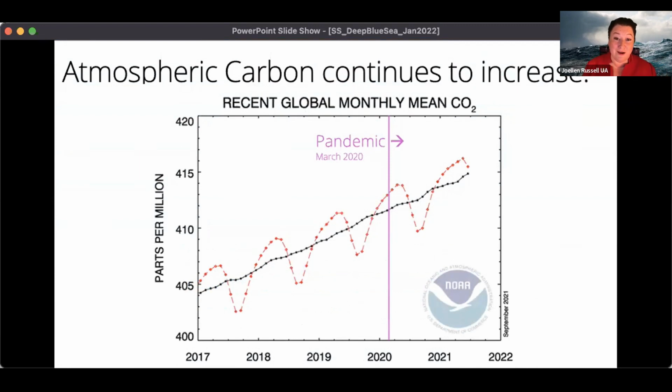When we shut down, what happened? Well, we ended up with a whole bunch of forest fires. Burning trees is adding CO2 to the atmosphere. We also ended up with a whole bunch of warmer water in the ocean, which degassed a bunch of carbon dioxide. So the combination was we saw it kept growing, as you can see.